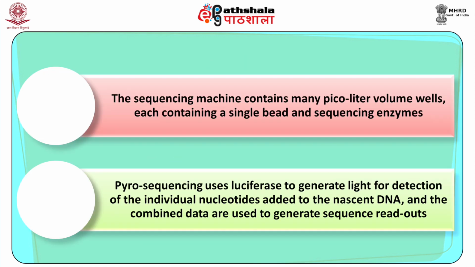The sequencing machine contains many picoliter volume wells, each containing a single bead and sequencing enzyme. Pyrosequencing uses luciferase to generate light for detection of the individual nucleotide added to the nascent DNA, and the combined data are used to generate sequence readouts.